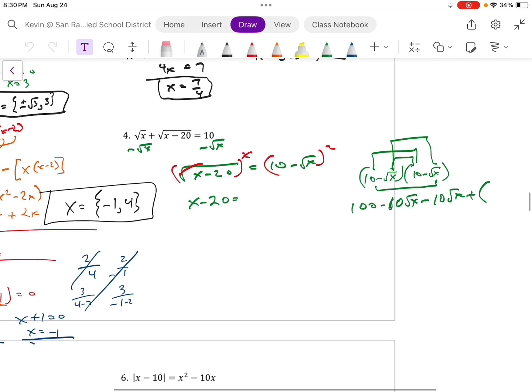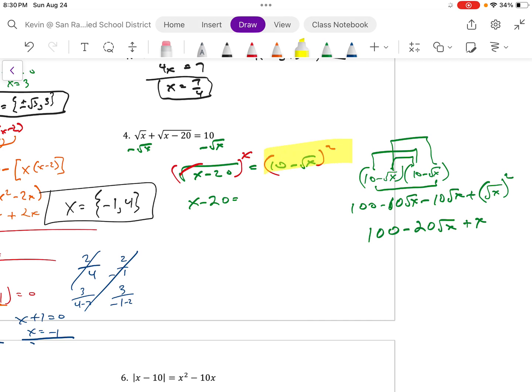So what was I doing here? I was doing the square root of x squared. So this leaves us, clean this up, we have 100 minus 20 square root of x, and then this is plus x.